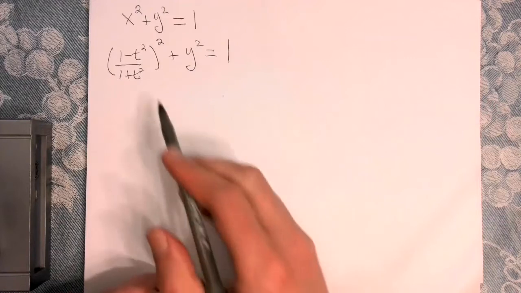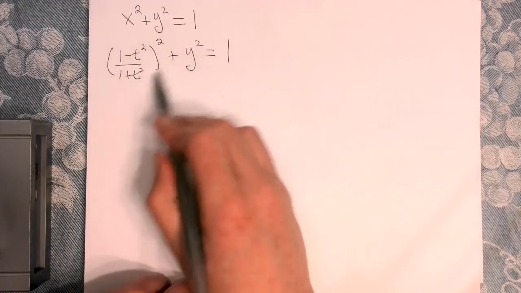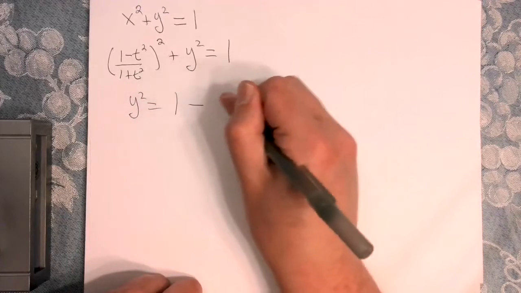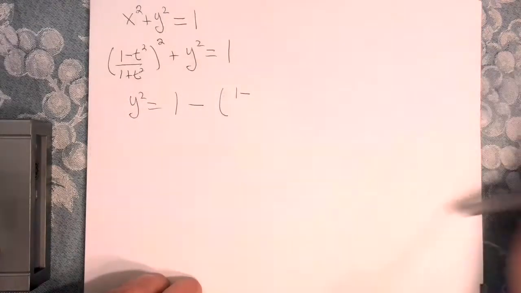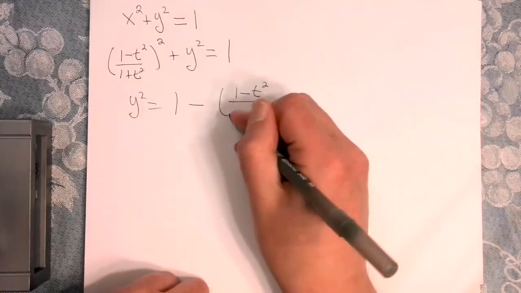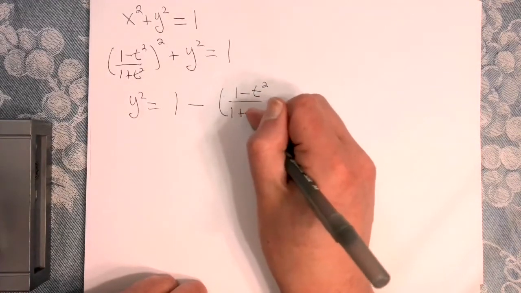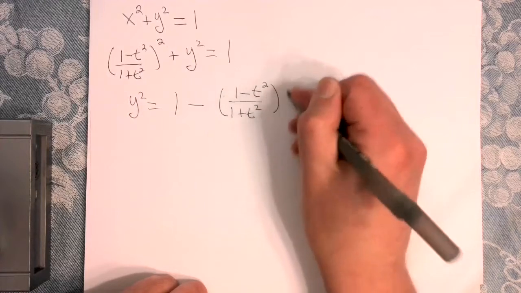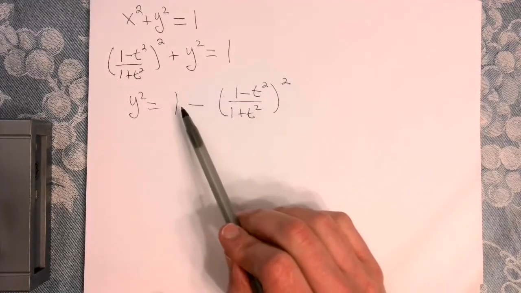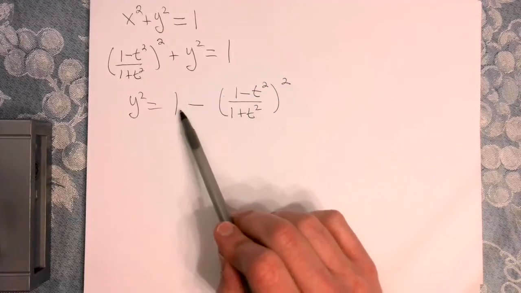All right, let's see what happens here. So we want to solve for y squared, so maybe we'll subtract this. So that's 1 minus this quantity. Okay, so that seems good. It'd probably be smart to get common denominators here.